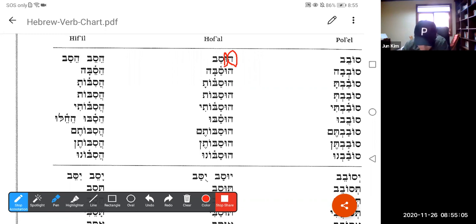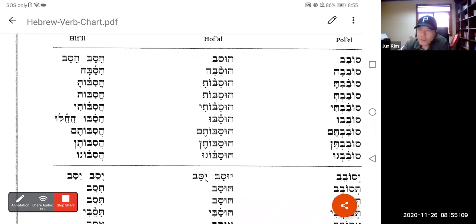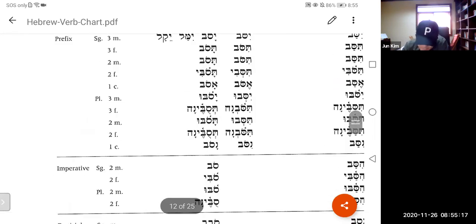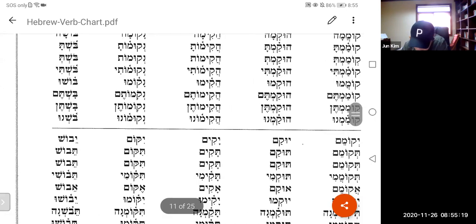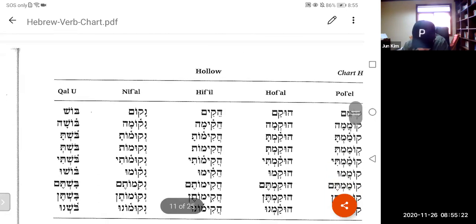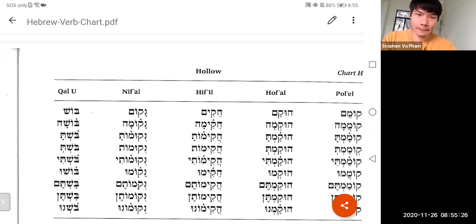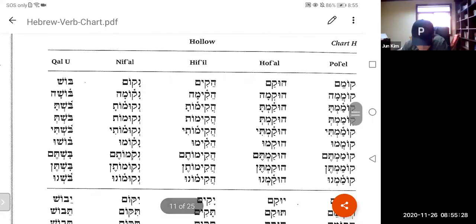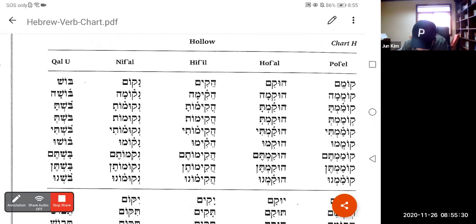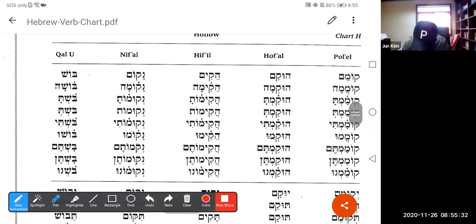Do you remember, for the Hofal stem, when we had hu for a hollow verb? Hollow verb again. Can you see that? Hollow verb Hofal will take hu in the beginning.